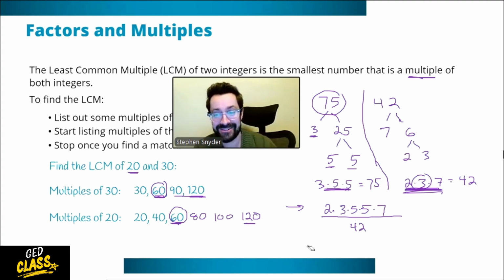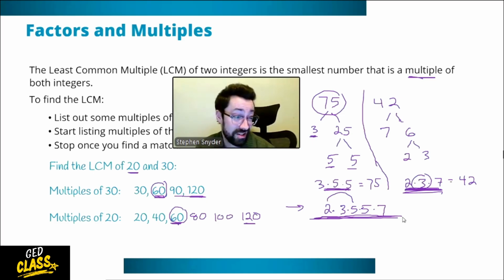And this would be divisible by both 42 and by 75. Either one would work. Let's do this in the order we want to do it in. You can put it into a calculator, but if you're looking at all these numbers, I really like making 10 whenever possible. So I'm going to multiply 2 times 5 first, just to turn that into 10.